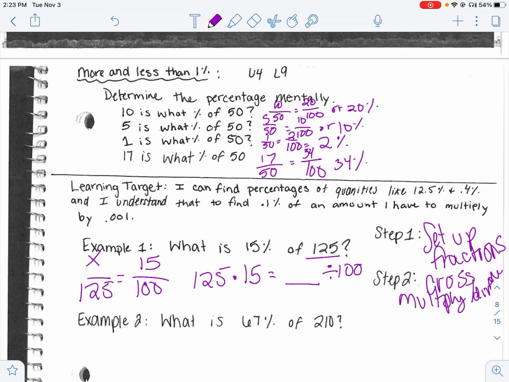Okay, so when we take 125 times 15, we are then going to divide by 100. 125 times 15 is 1,875, divided by 100 is 18.75. So 15% of 125 is 18.75.